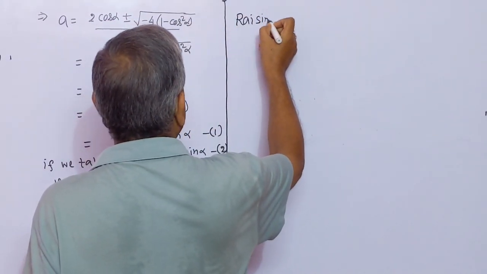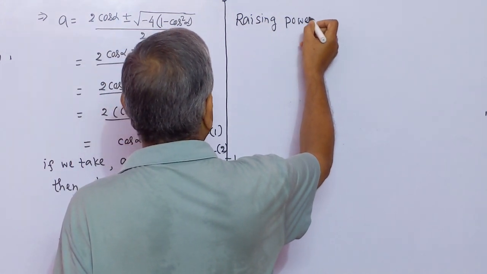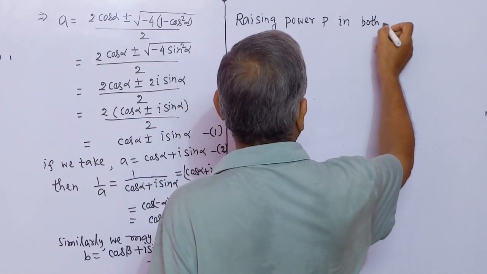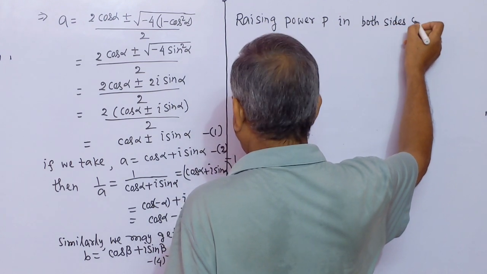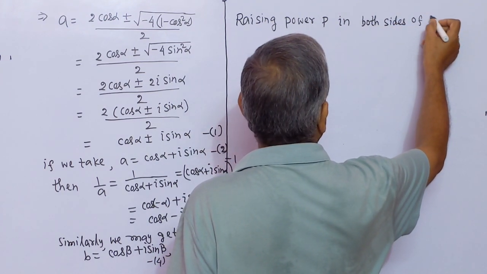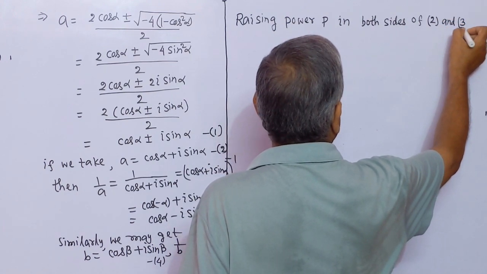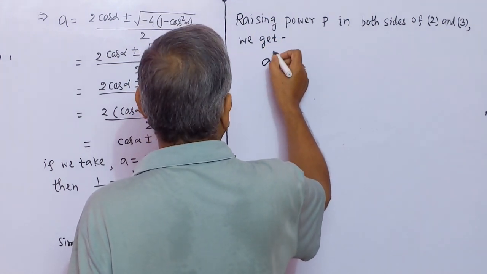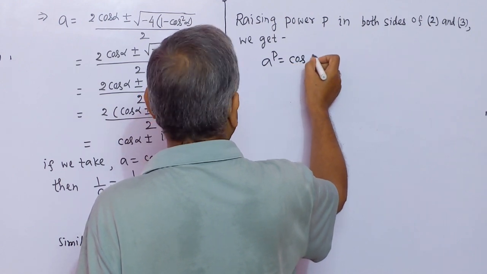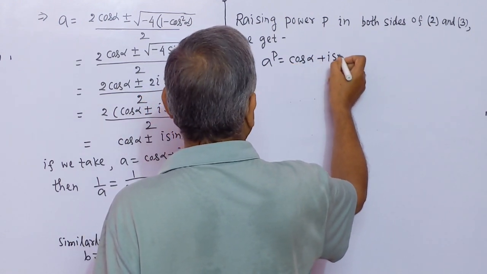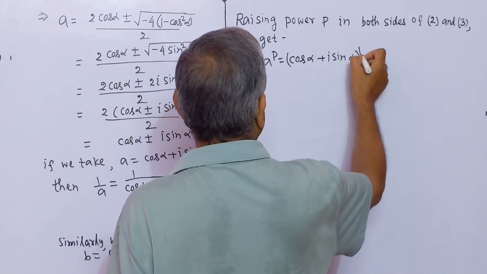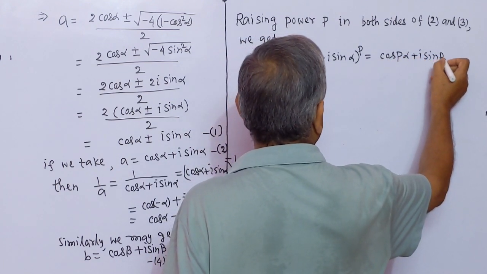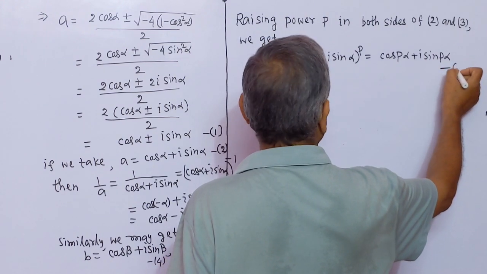Raising power p on both sides of 2 and 3, we get a to the power p equals cos alpha plus i sin alpha to the power p, equals cos p alpha plus i sin p alpha. Let this be number 6.